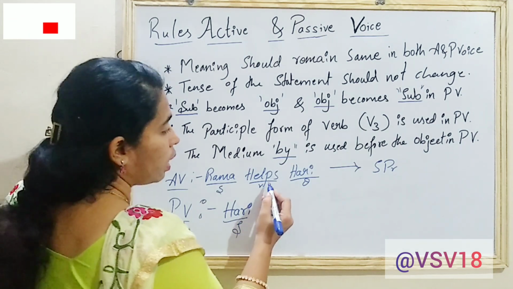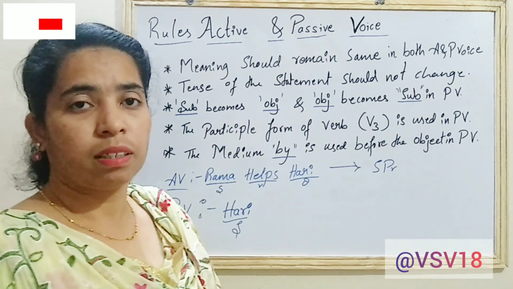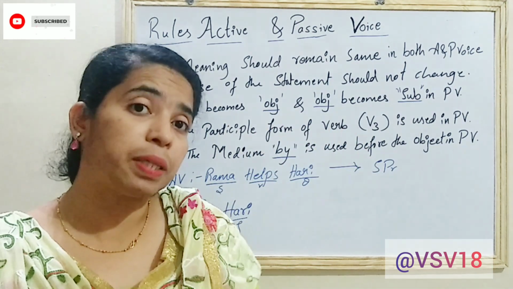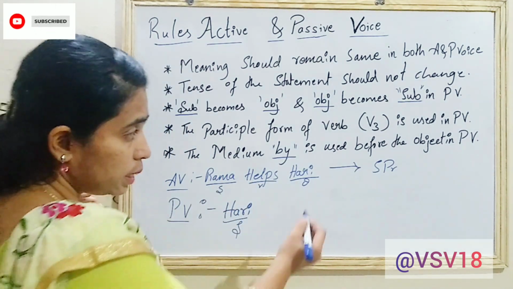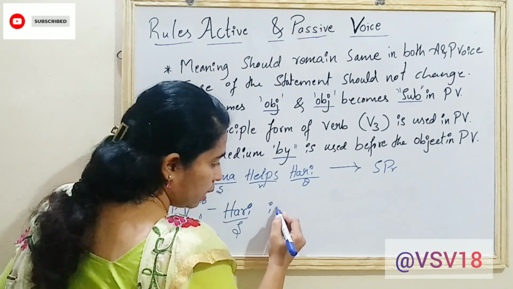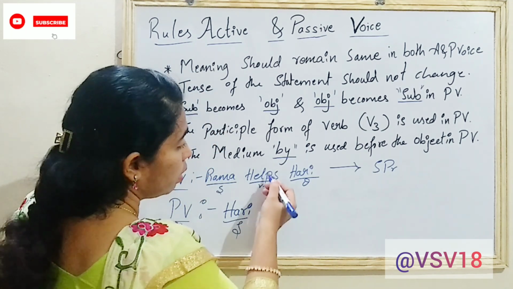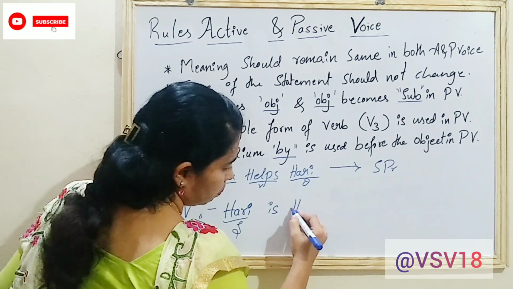Now the participle form of the verb. Help becomes helped. But how to maintain the tense? It is in simple present. So we will add is: Hari is helped. The verb V3 is helped.